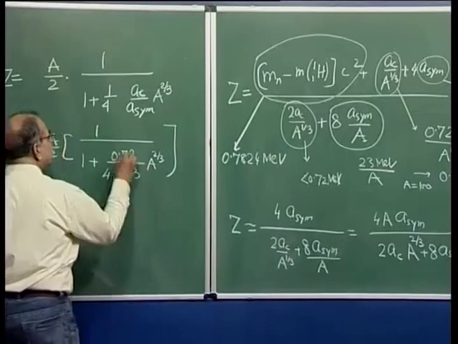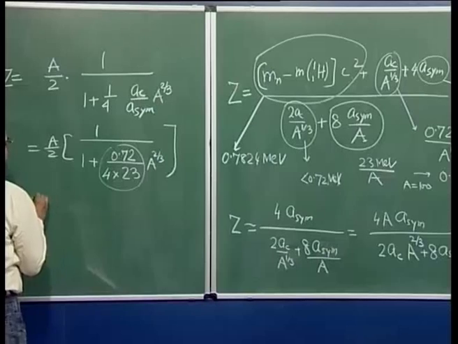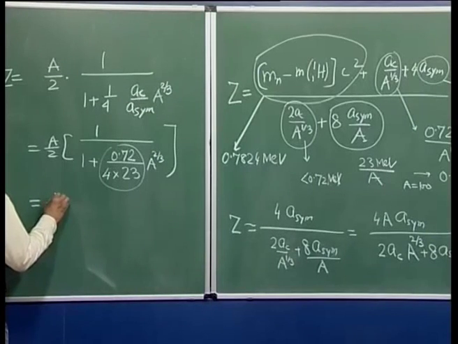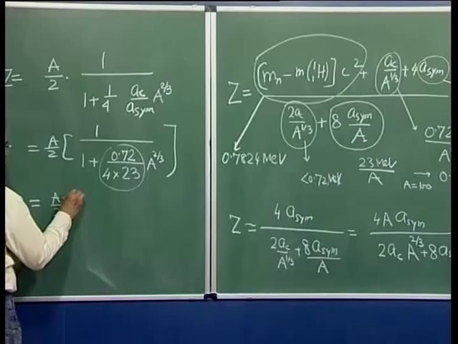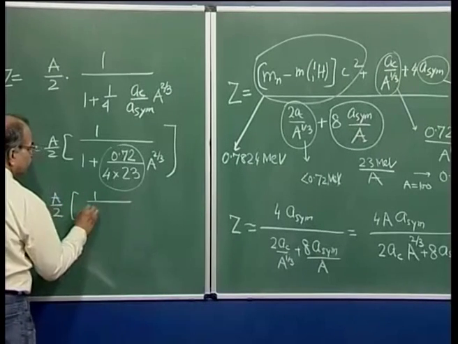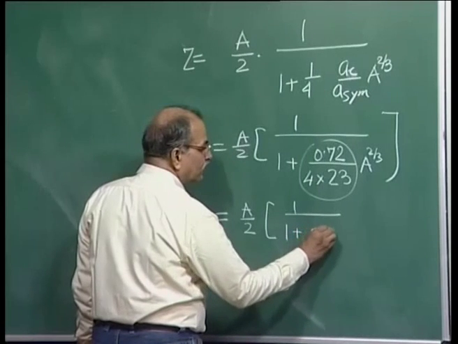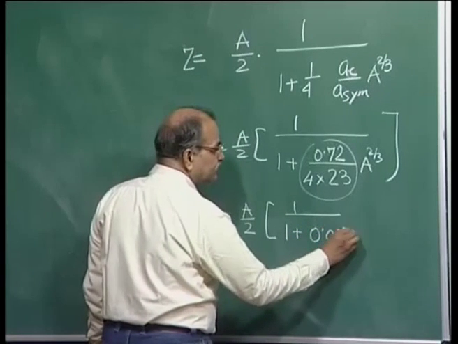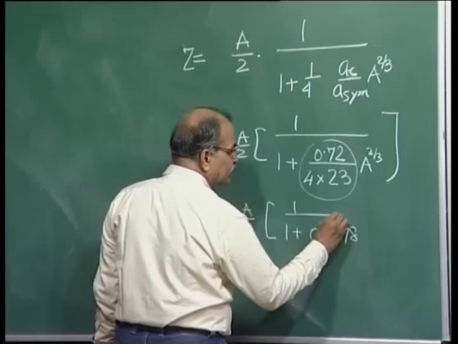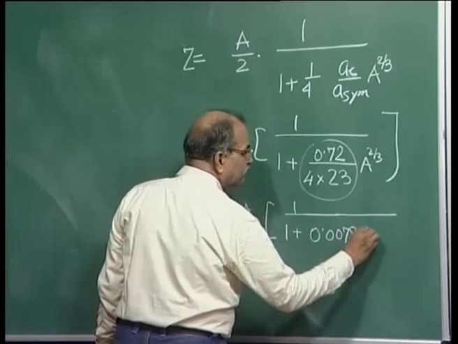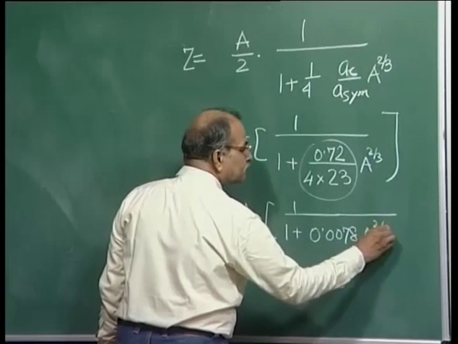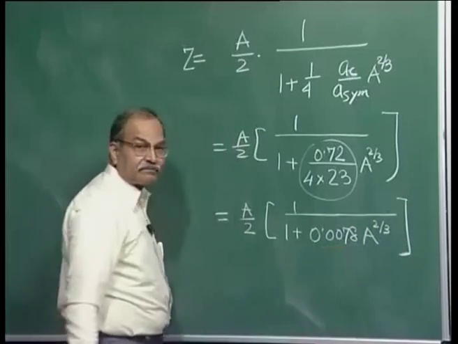Now, tell me how much is this factor? One plus 0.0078 and this multiplied by A power 2 by 3. Okay.